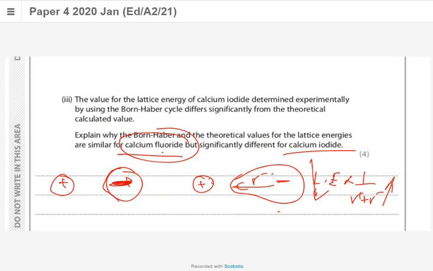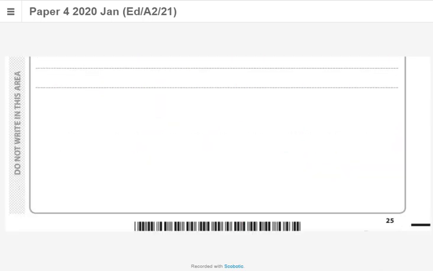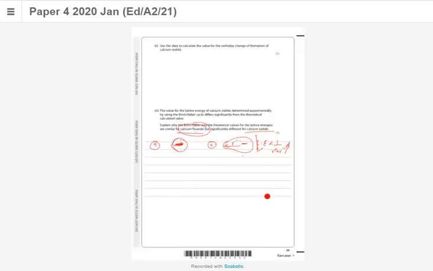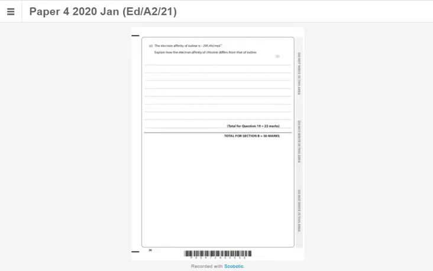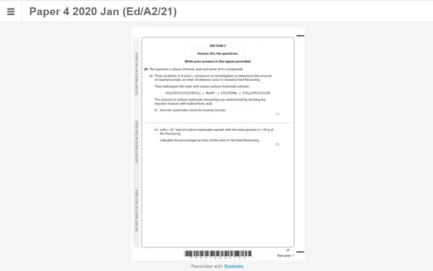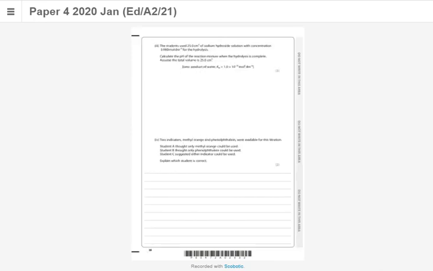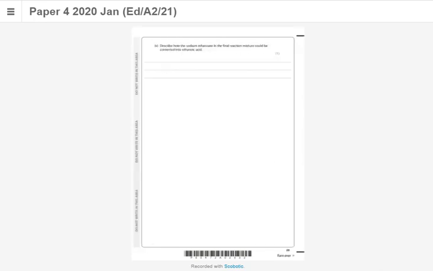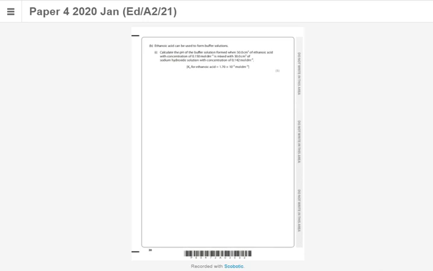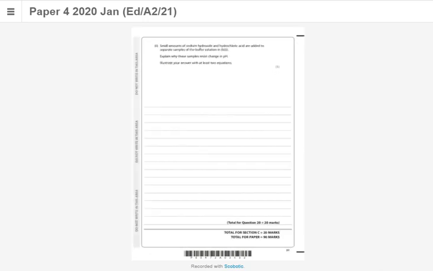When the covalent character increases, the difference between theoretical and experimental values will increase.